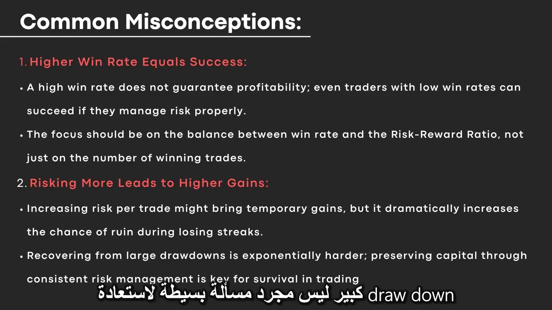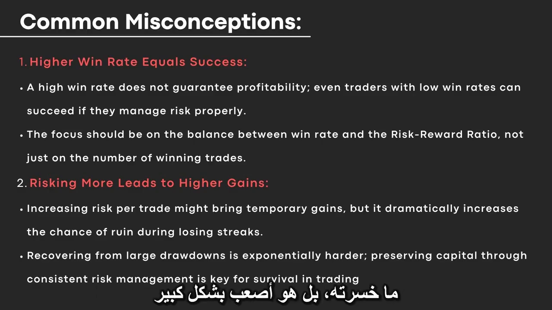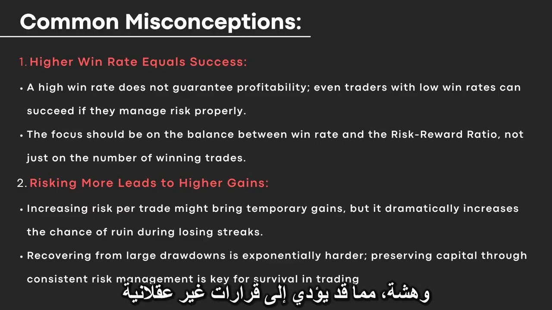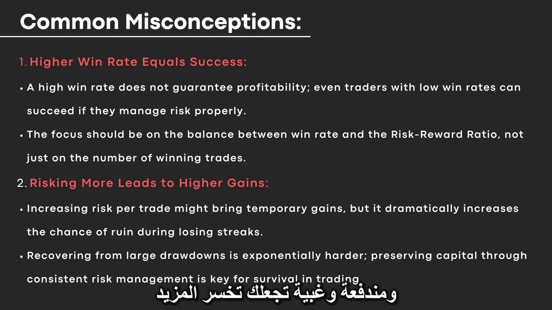Recovering from a large drawdown isn't just a simple matter of making back what you've lost. It's exponentially harder because you are working with a smaller base of capital, and your emotional state is also vulnerable and fragile, which can lead to really irrational, impulsive decisions that make you lose even more.